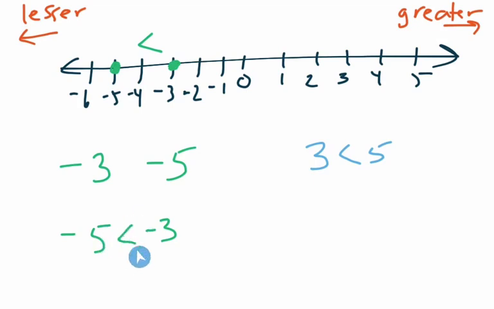Notice the orientation of that. It always wants to eat the bigger number. So when I switch the order, I need to switch the orientation of the symbol. So negative 3 is actually greater than negative 5. This is a great way to picture it if you have trouble with your signed numbers, which is a chronic mistake in all of mathematics.